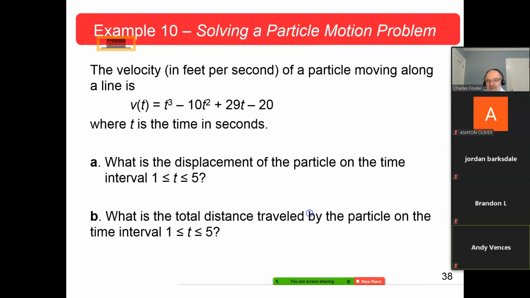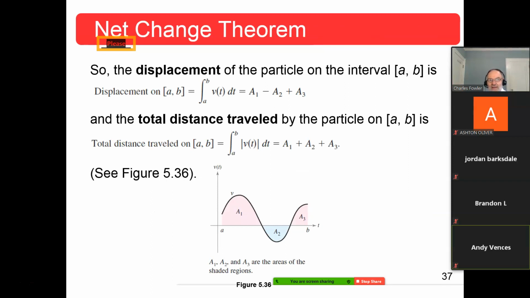Because actually what you did, you went ahead, you came back, and then you turned back again. Total displacement was the difference between beginning and ending. That's it. However, the total distance traveled would be the distance you traveled from A to this point. Then you flip this over, absolute value, and calculate the distance you traveled here, only make it a positive area. So flip that over here, and then you add to that this part here.